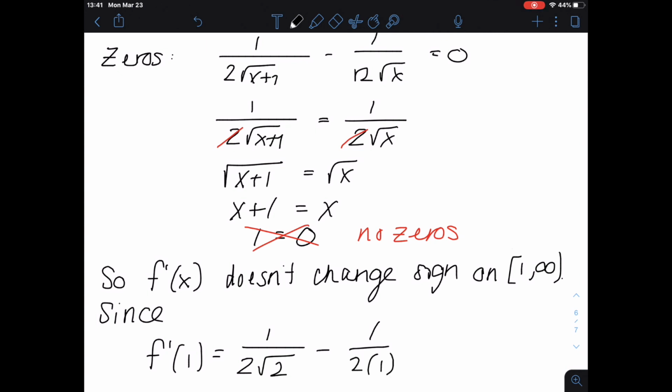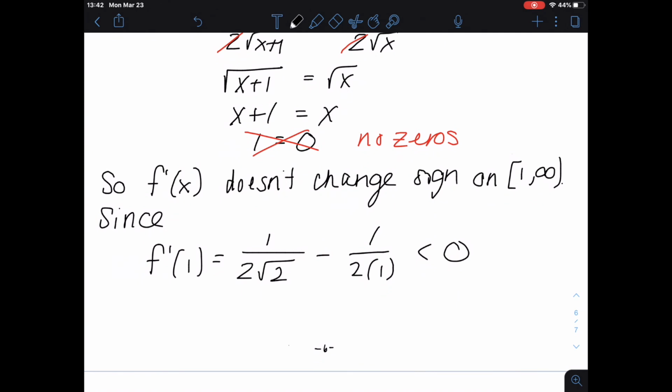And if you go ahead and condense this, you're going to see this is definitely less than 0. So 1 over 2 root 2, well, 2 root 2 is like 3 point something, something along those lines. So this is definitely less than 0. So because of that, the derivative doesn't change sign on this interval. f prime of 1 is less than 0.